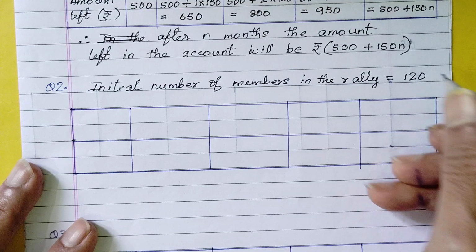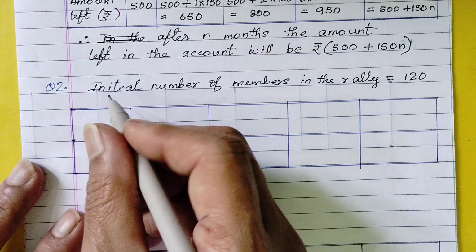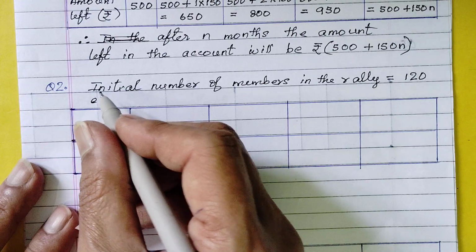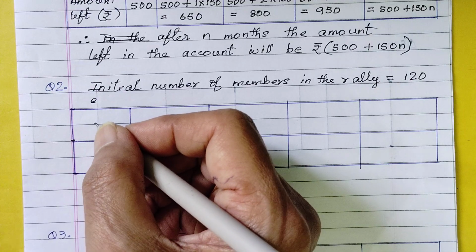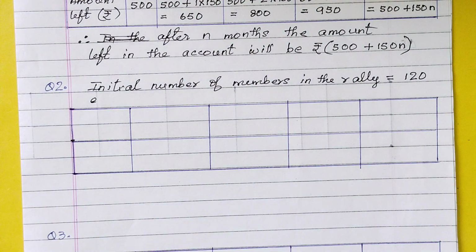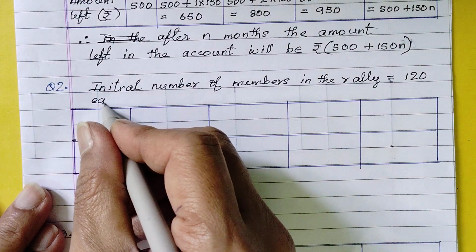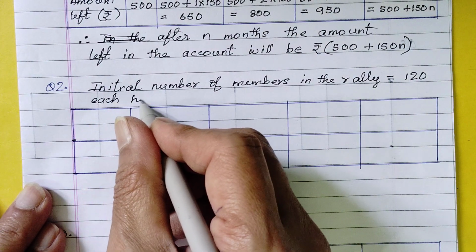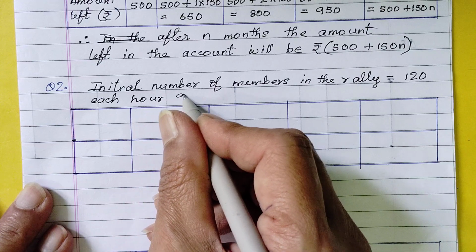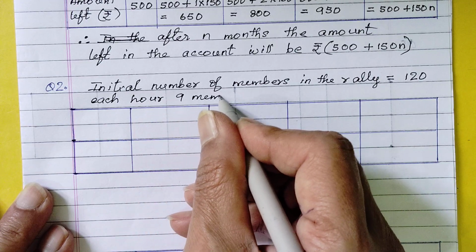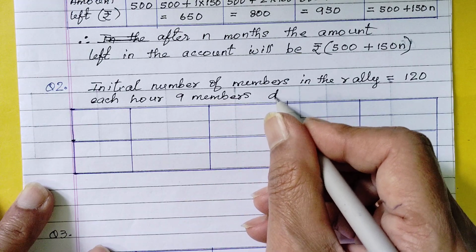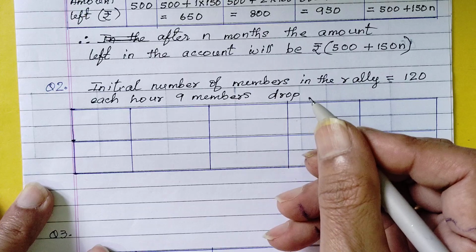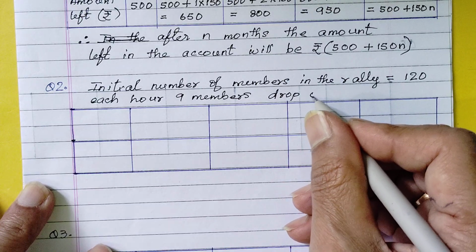After each hour, 9 members drop out of the rally.